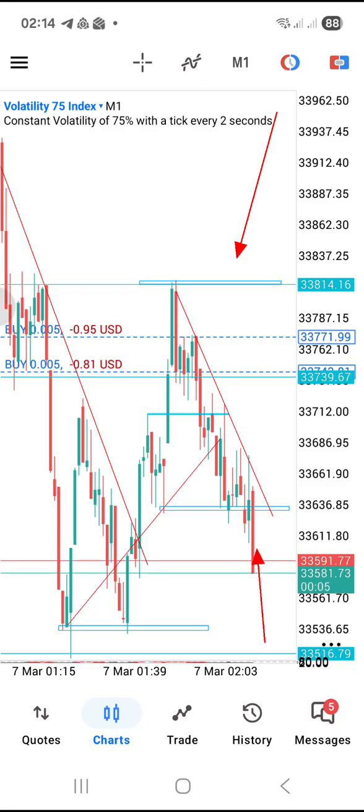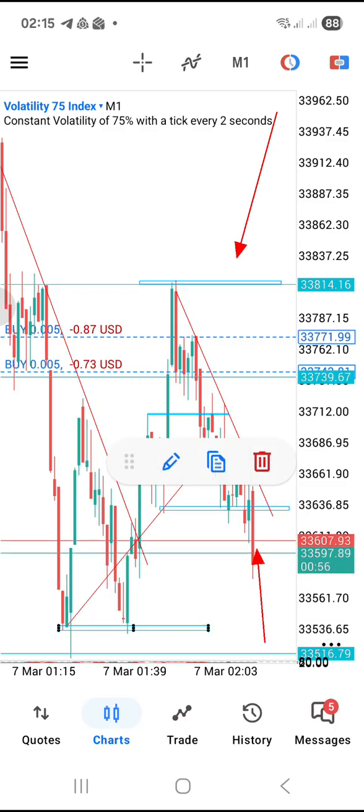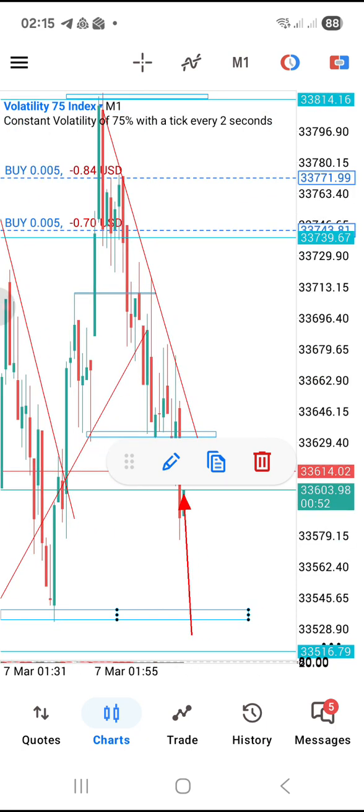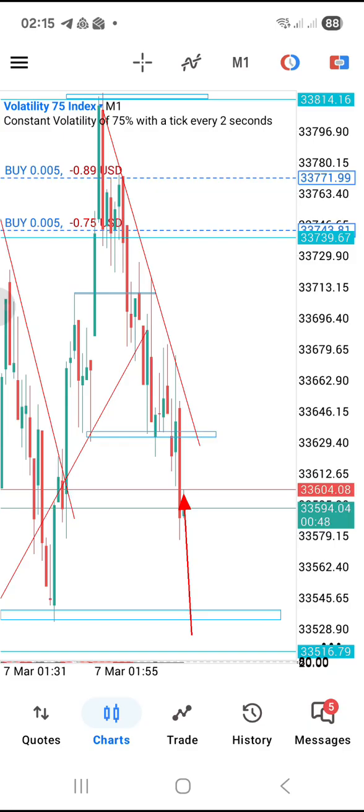Okay. Still pulling down. So obviously it's coming for this level. It's coming for this level. It might probably touch here if it gives us an escape.